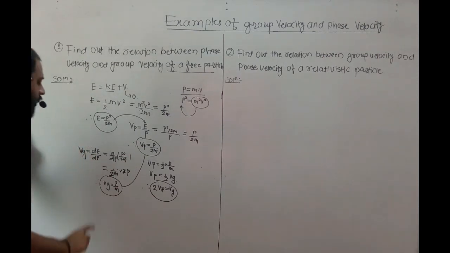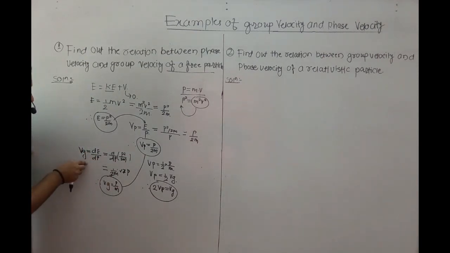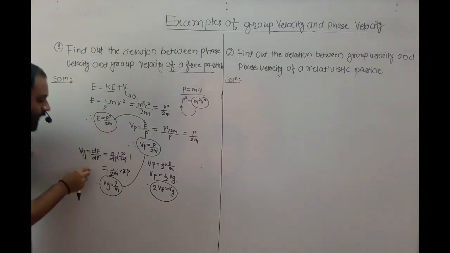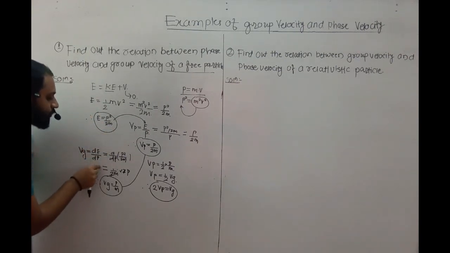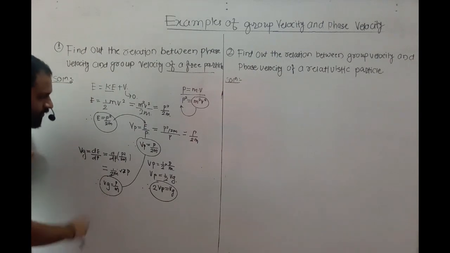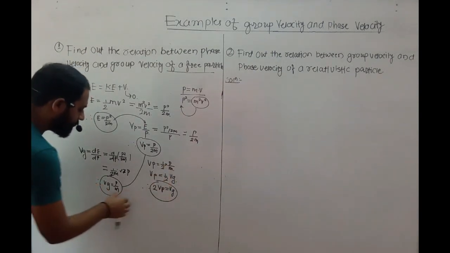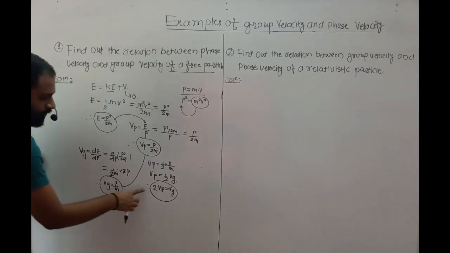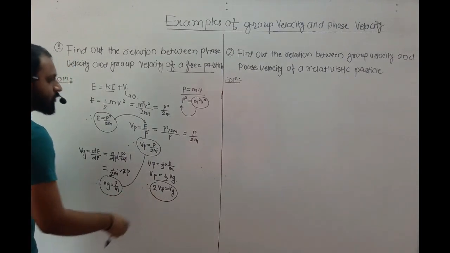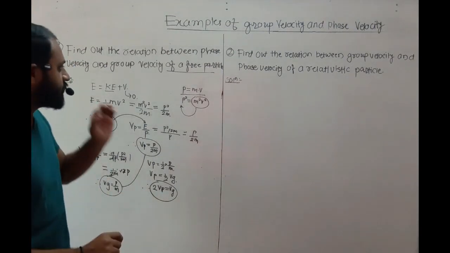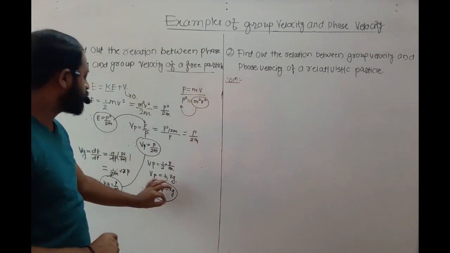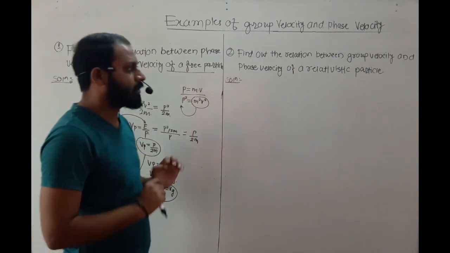Now we also have the formula for group velocity, dE by dp. I just have to differentiate this E with respect to P. I got this. Then in place of P by m, I can write Vg. Therefore, Vg equals 2 times the phase velocity. This is the relation between the group velocity and phase velocity for a free particle.